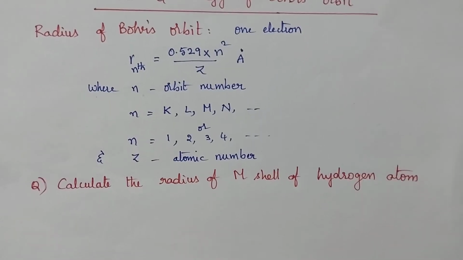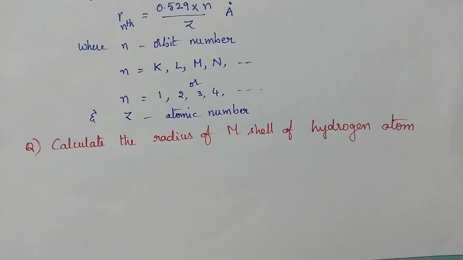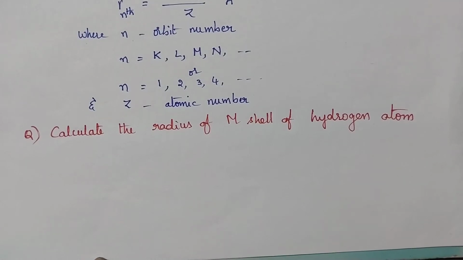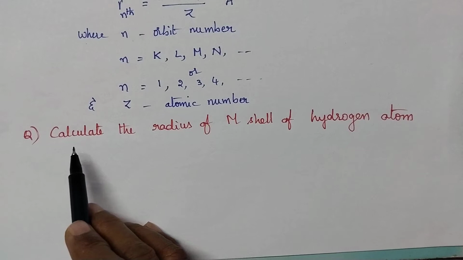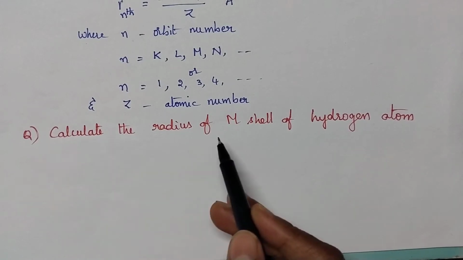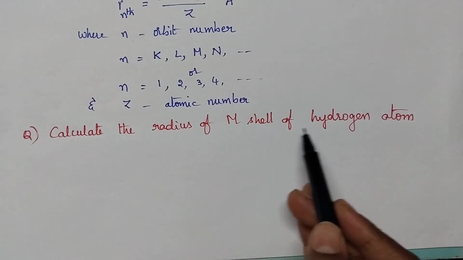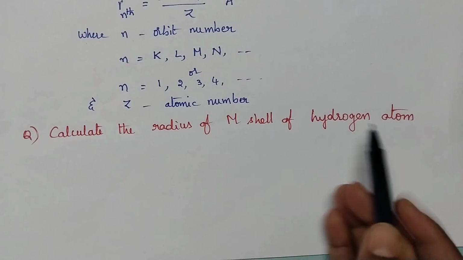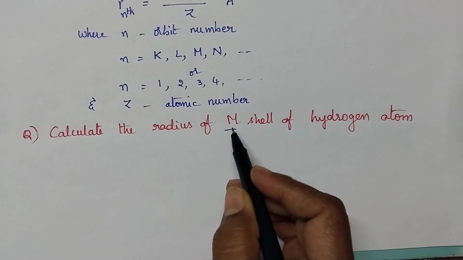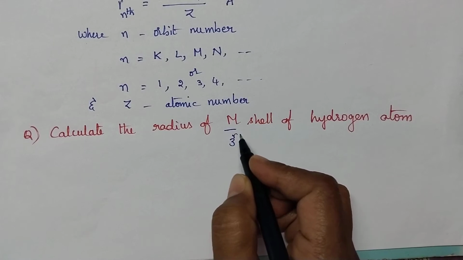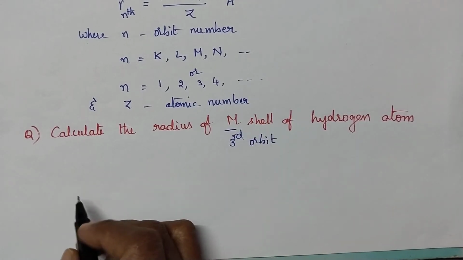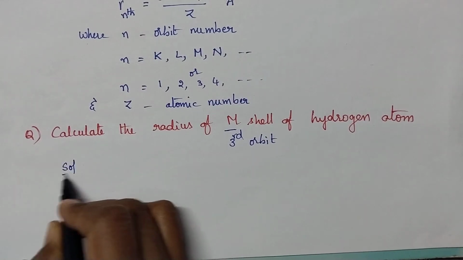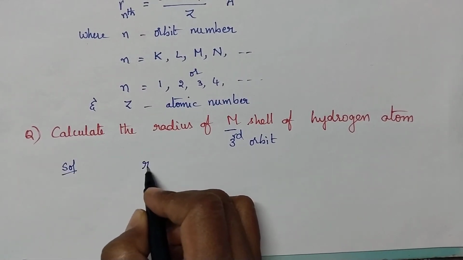Let us consider few problems to calculate the radius of the Bohr's orbit. Here we are supposed to calculate the radius of M shell of hydrogen atom. M shell means, students, it is the third orbit. What is the formula for calculating the radius?